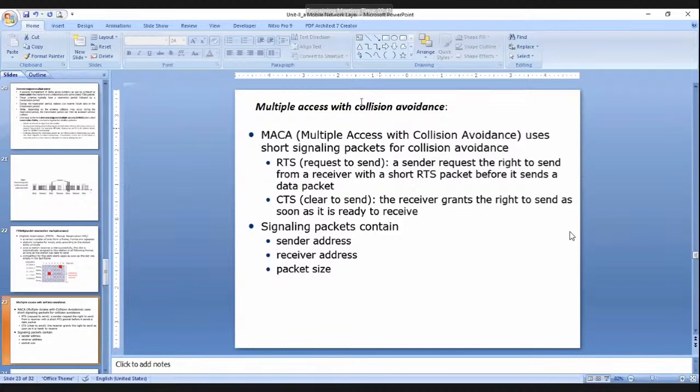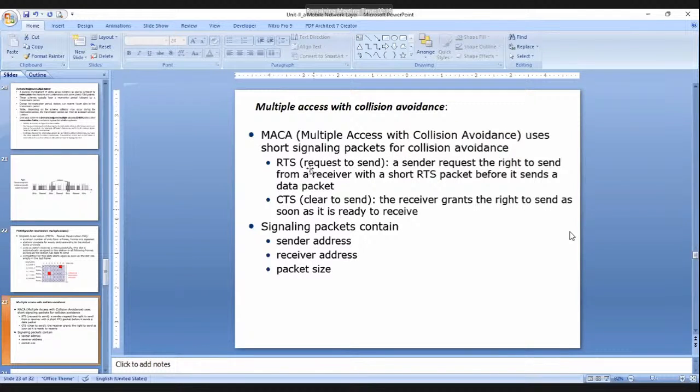Multiple access with collision avoidance uses short signaling packets for collision avoidance. The two packets which can be sent are the RTS packet and the CTS packet.